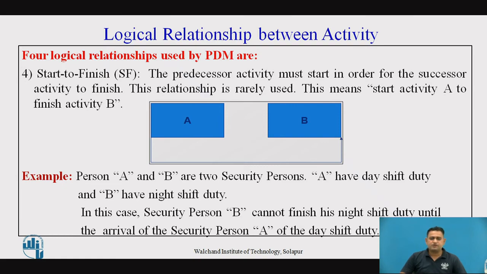In this case, security B cannot start his night duty until the arrival of security A, or you can say cannot finish. Here security B cannot finish his night duty until security person A arrives for the day shift. This is the example of start to finish, and this is a relationship which we very rarely observe in a project.